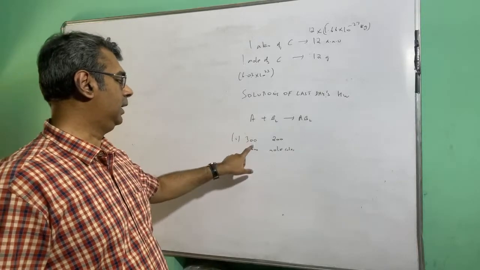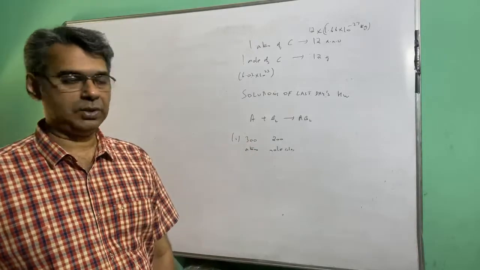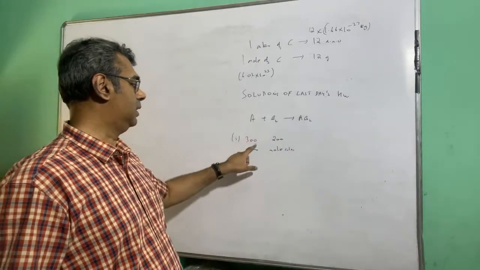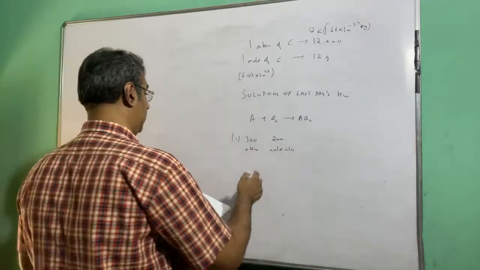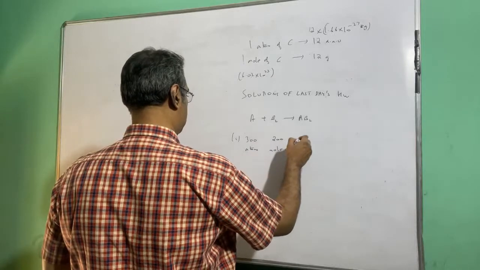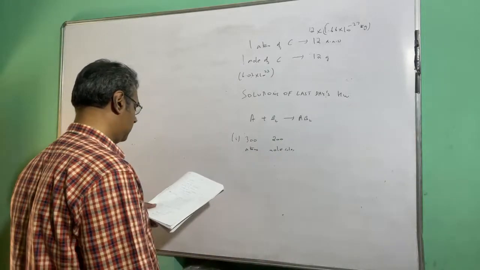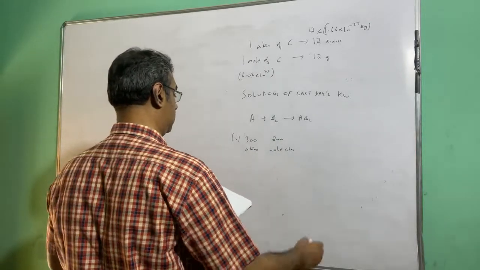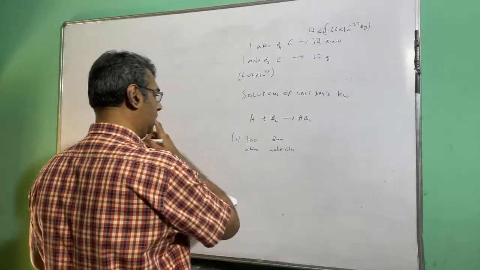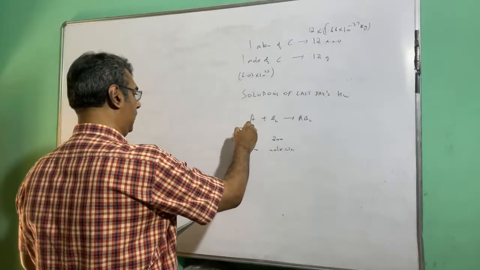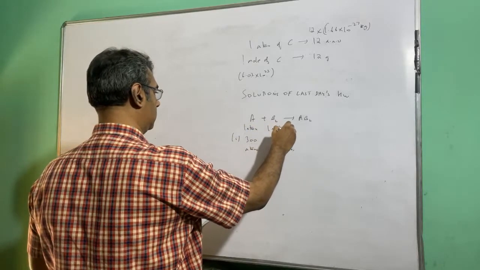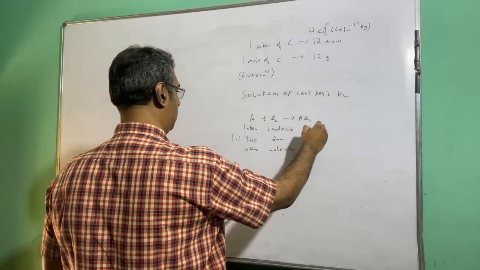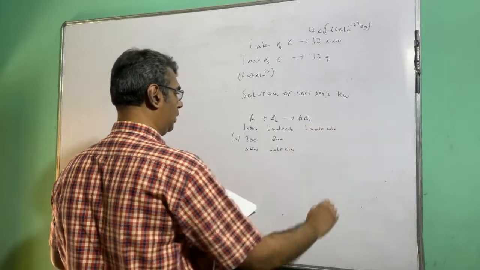That was the first question actually. Suppose A is 300 atoms and B2 is 200 molecules. You know that one atom reacts with one molecule to give one molecule. That is what happens.